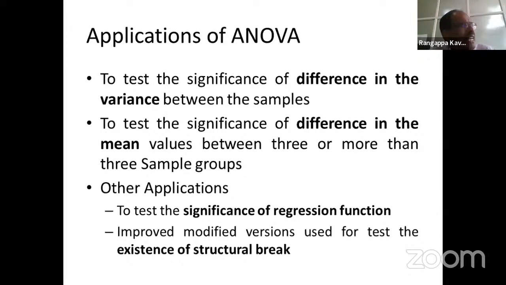That means there is a structural break in the curve which shows the relationship between the input and output. Whenever we need to understand the presence or otherwise of the structural break in the production function, even in that case we can use this analysis of variance.